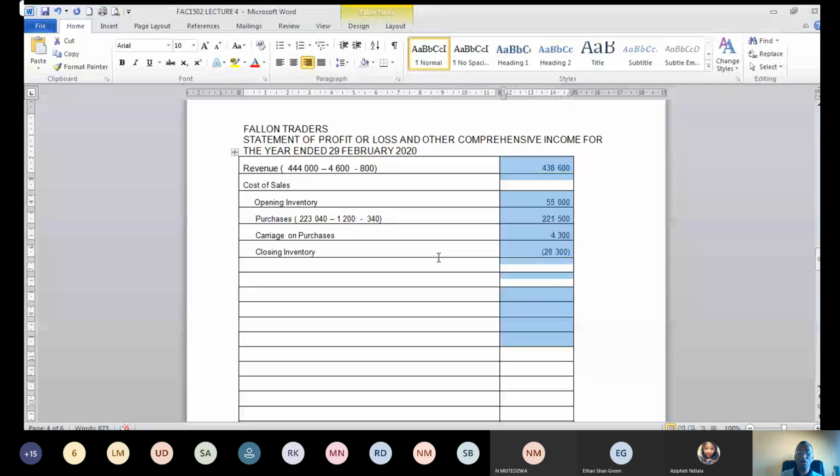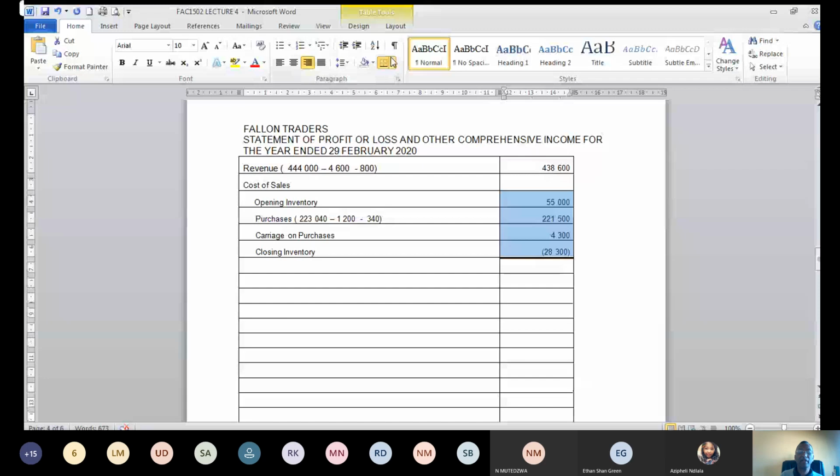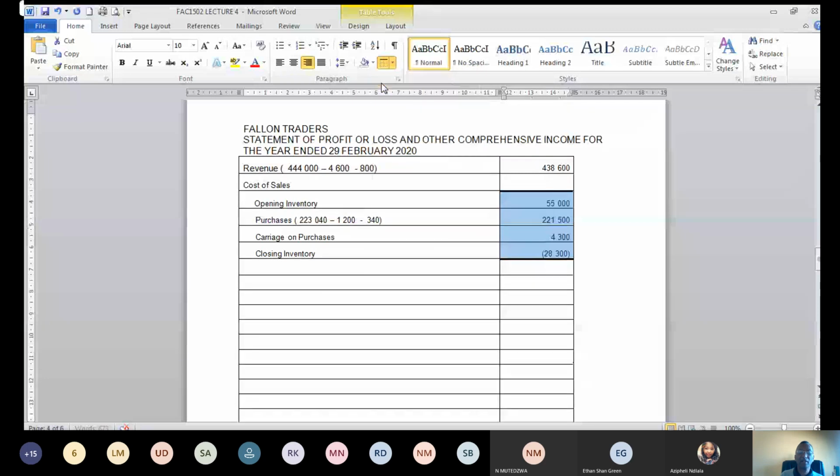So our cost of sales consists of those 4 items now. It is the opening inventory plus the purchases plus the carriage on purchases minus the closing inventory.